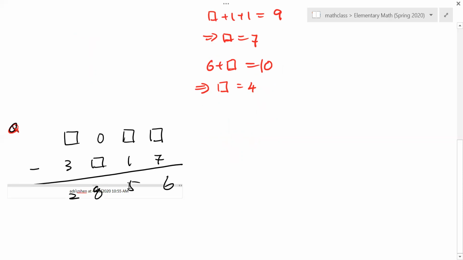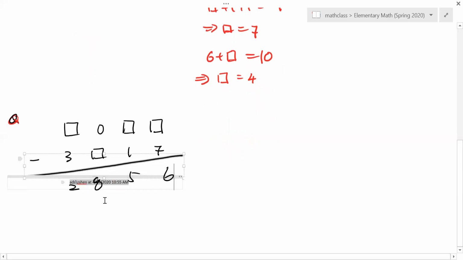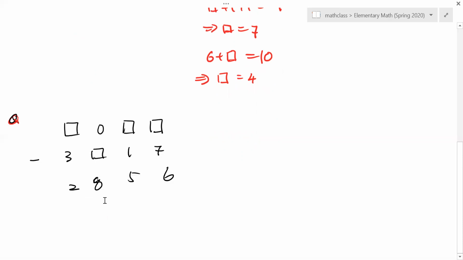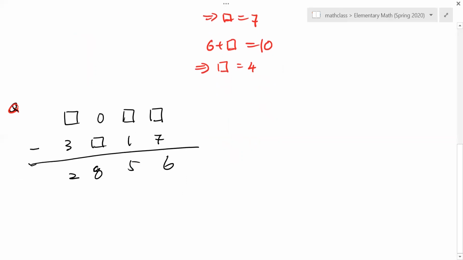Okay, can you work on that? I hope you can figure it out by yourself. This is a subtraction. Remember, it's not addition.